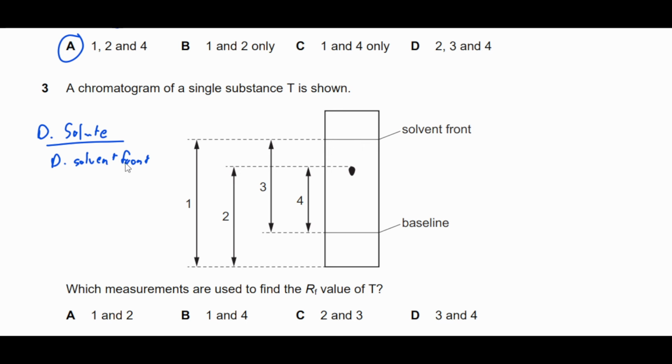If you put your mark here on the baseline, the distance traveled by solute would be from the mark to the spot here. And the distance traveled by solvent front would be from the baseline to the solvent front here. So the measurements used to find the RF value would be 3 and 4. Answer is D.